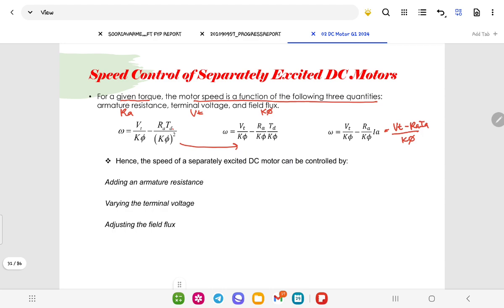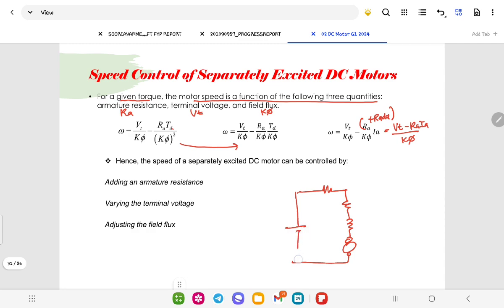From this equation, you can see that the speed of a separately excited DC motor can be controlled by, first, adding an armature resistance. You can modify this equation so it becomes RA plus RA added, because the added resistance is placed in series with your armature resistance.